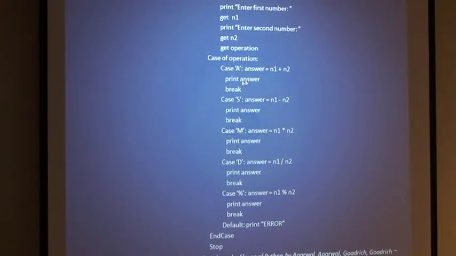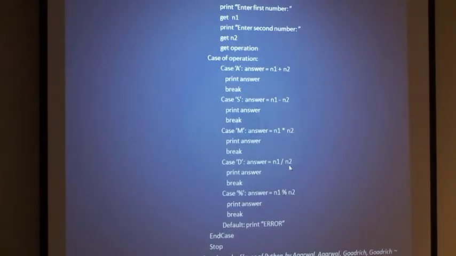The reason we have print answer duplicated for each of these is we don't want to print answer for the default, so we can't use it here, common to all of these, okay? Because there is no answer for this case. So this turns out to be very simple. All you have is plus, minus for subtraction, multiplication symbol for m, division, and so on.